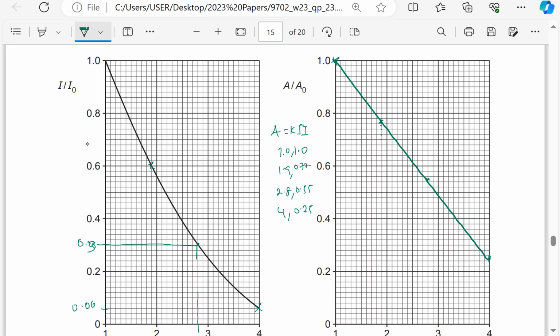So you can draw a better line, but this line is touching here, that is at 0.244 or 0.25 approximately. So it is supposed to be a straight line anyway.